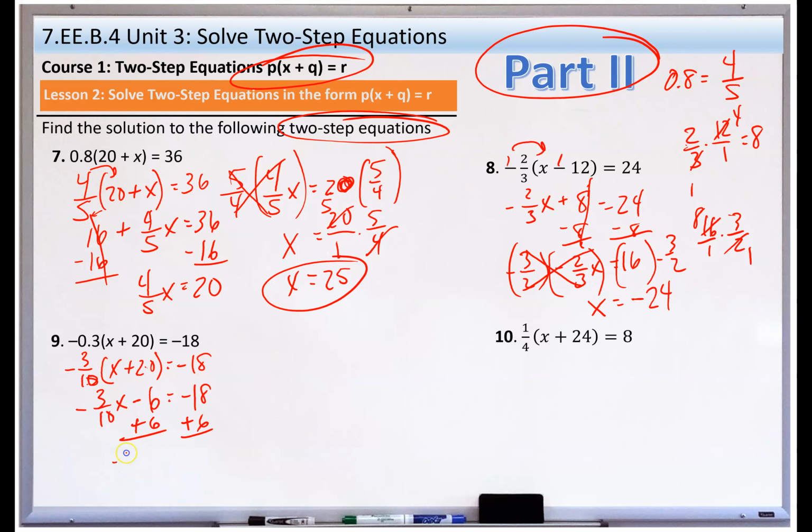I'm left with negative 3/10 x. I am more negative here. By how much? By 18 minus 6, which gives me 12. I need that room. I'm going to come over here. I have a negative 3/10 x equals negative 12. I have to multiply both sides by the reciprocal, negative 10/3.